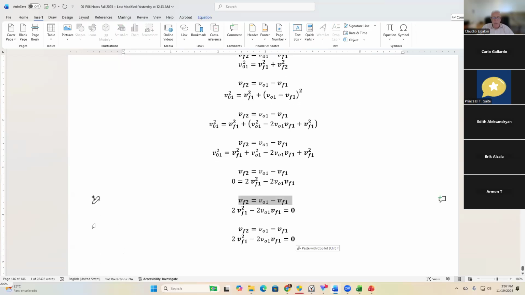Notice that I'm not doing anything with this equation, but I'm still keeping it around because at the end, I'm going to need to find what VF2 is. I will find VF1 with this equation, and I will substitute this result into this equation to find VF2.